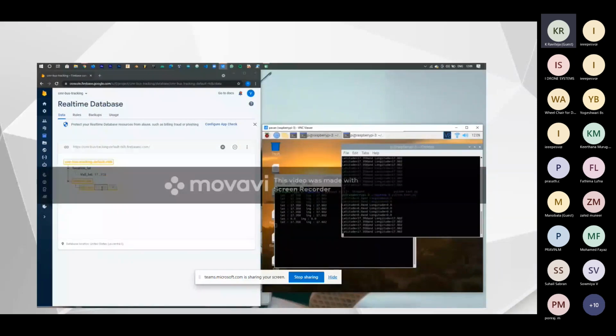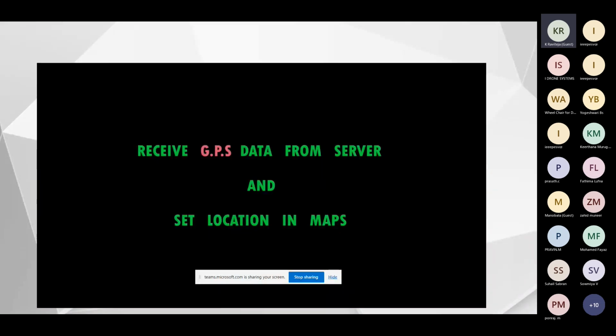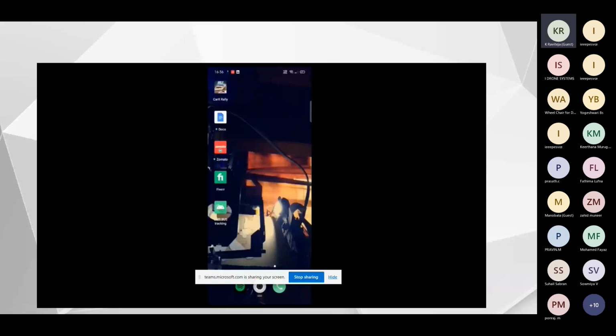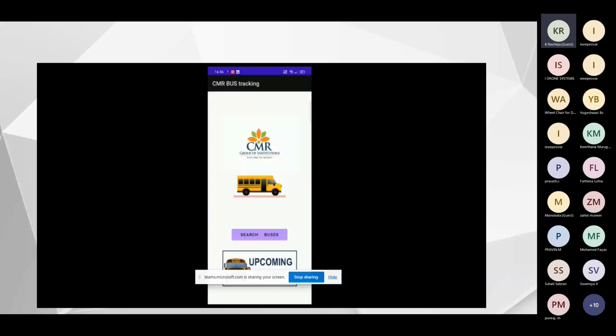Now we developed an app. In that application, we read the GPS coordinates from the server and locate those points on the map.